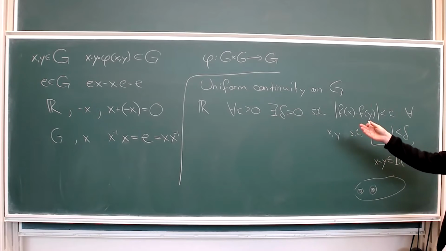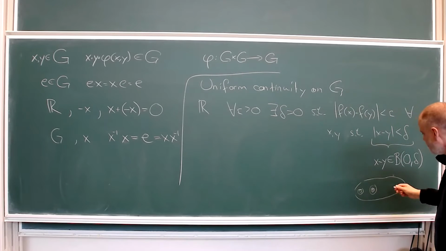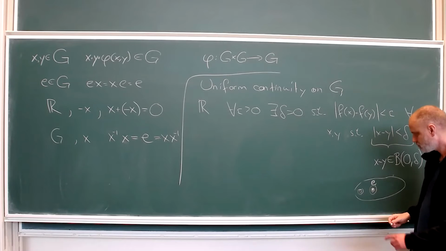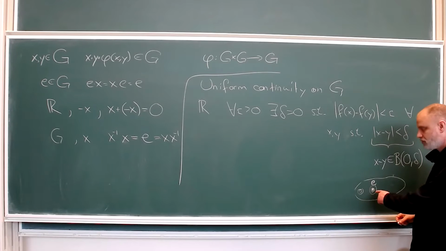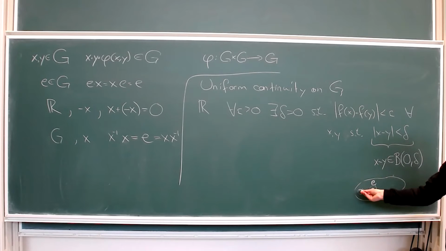Now, since we have a group structure, we have a continuity of multiplication and so on, it actually turns out that if we let this be the identity element E, and we have a collection of open neighborhoods of E, then we can transport that to any other point by the continuity of multiplication, right?